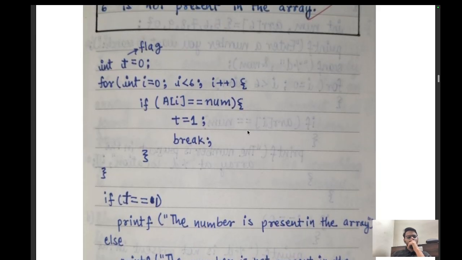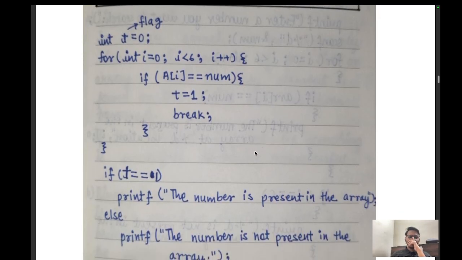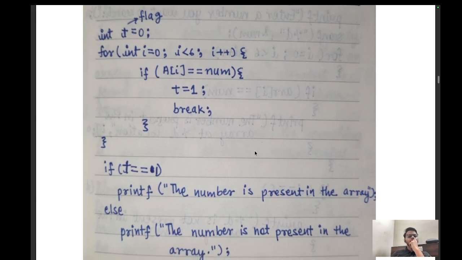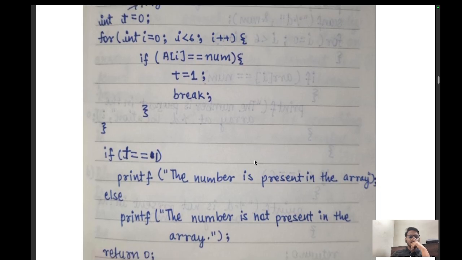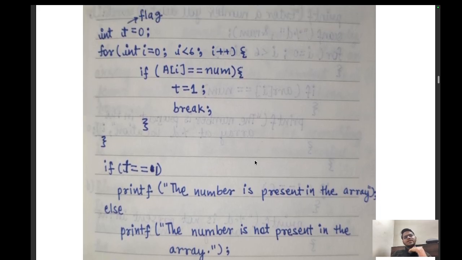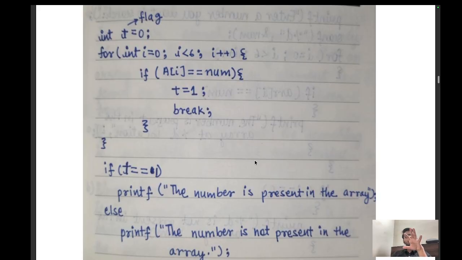And here one more code is written. I don't know what the thing is here. Yeah, so they have used the concept of a flag over here, and flag is also very important. If you know about the chapter operating system, you know about the concept of semaphores, right?